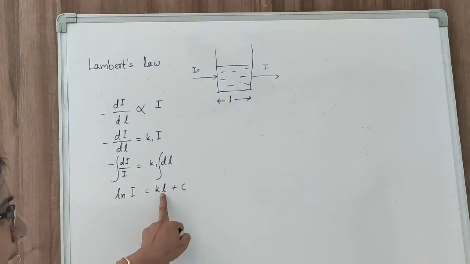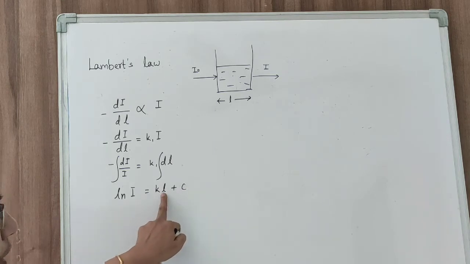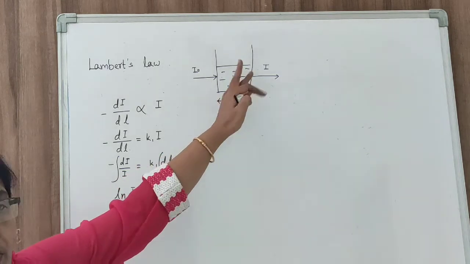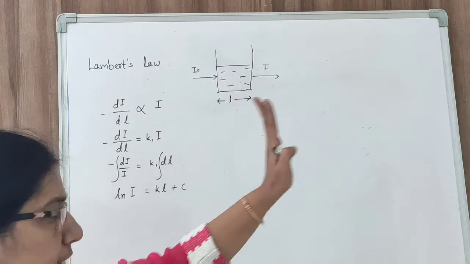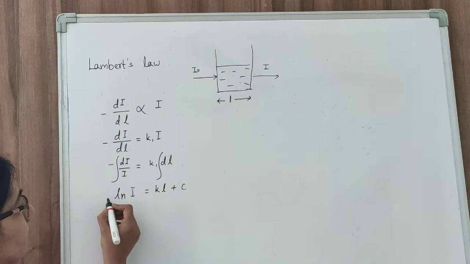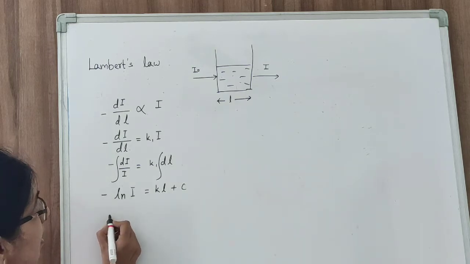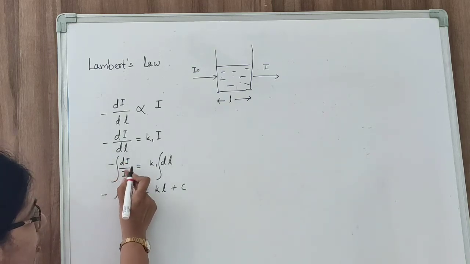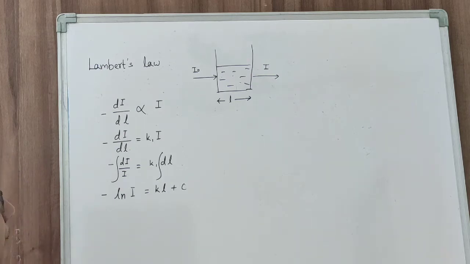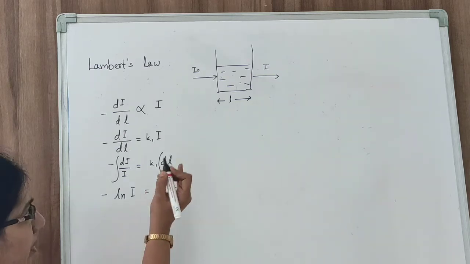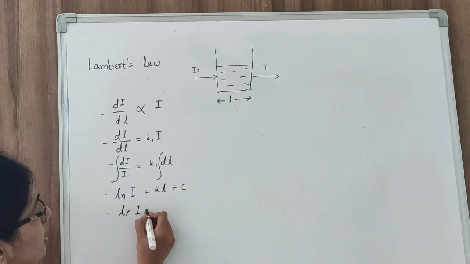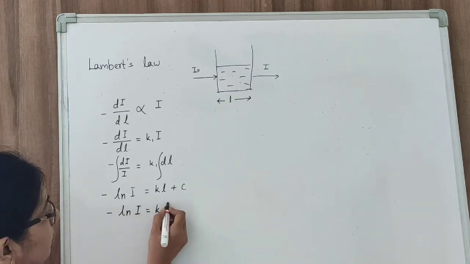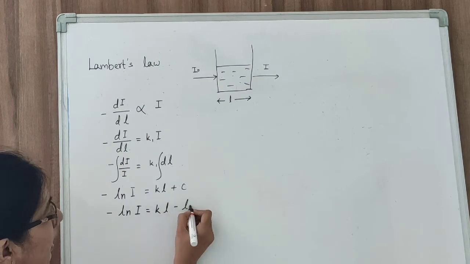Initially when the thickness is 0, there will be no absorption, so I0 will remain as I0.